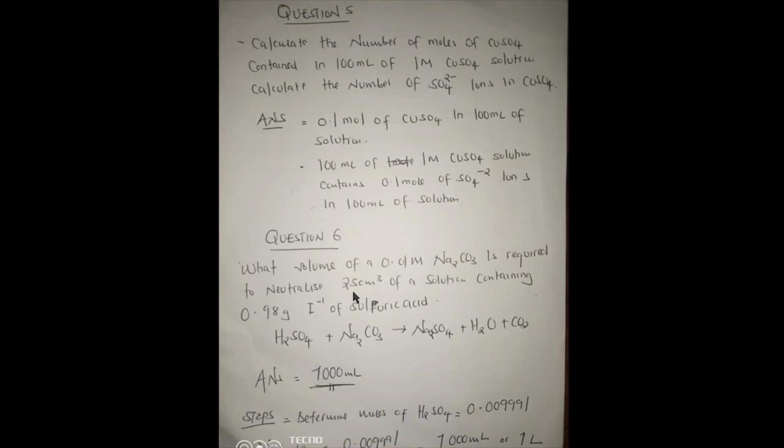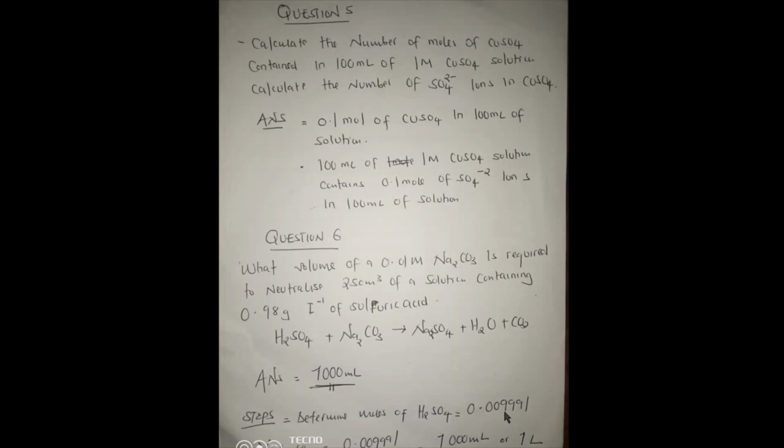You know that concentration is just equal to moles over volume in liters. When you work that out, you find that the number of moles of sulfuric acid is 0.009991. Now, sulfuric acid and sodium carbonate have a 1-to-1 relationship. So the number of moles of sulfuric acid is the number of moles of sodium carbonate. So this is also the number of moles of sodium carbonate.